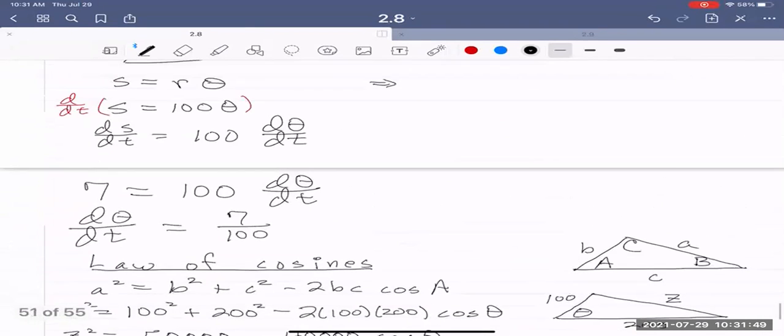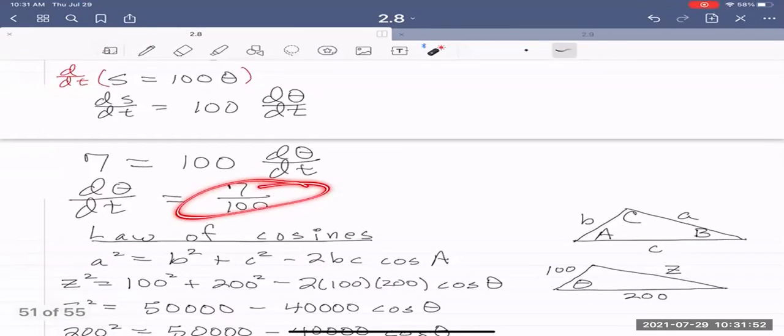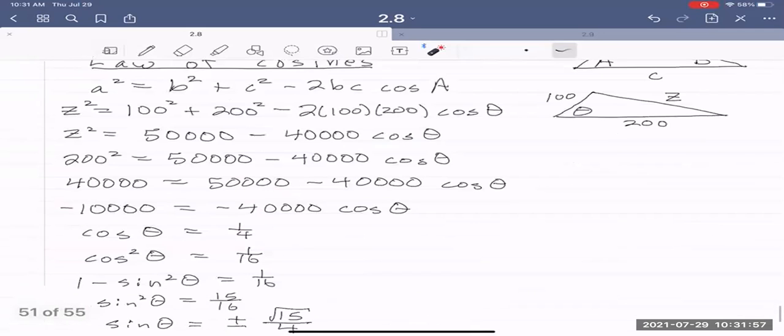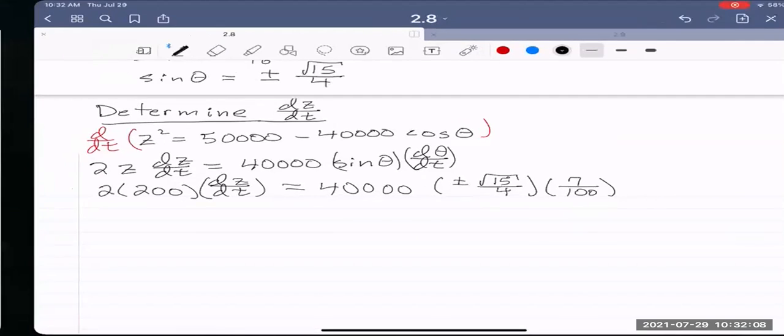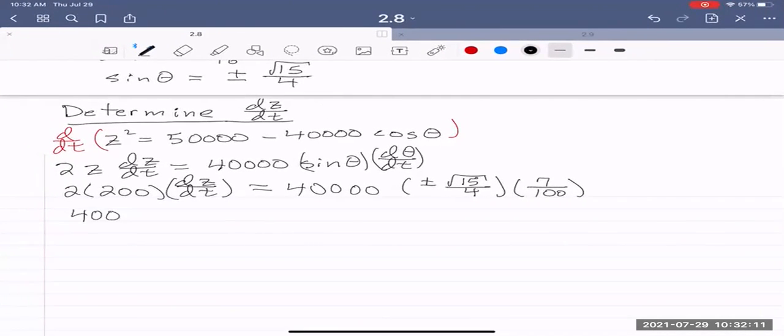What was d theta/dt? There it is. d theta/dt is 7 over 100. So I can simplify this: 400 dz/dt, divide by 400, so you get 100, and times 7 is 700 root 15.